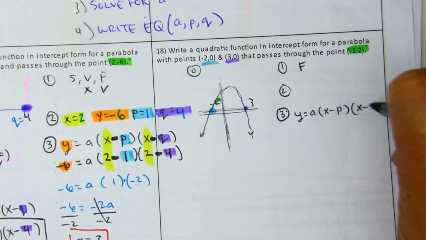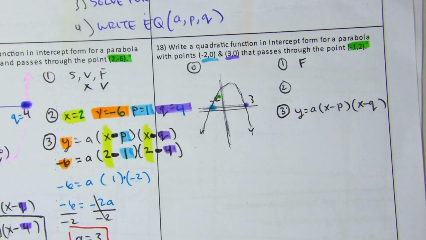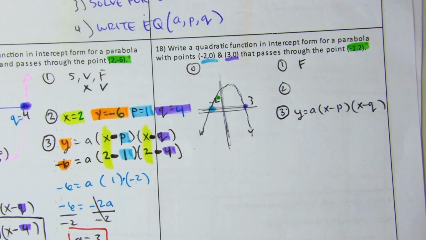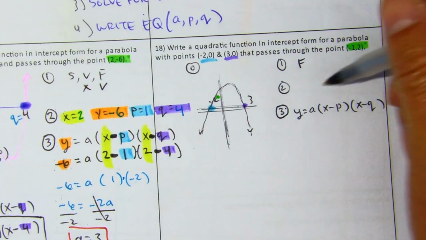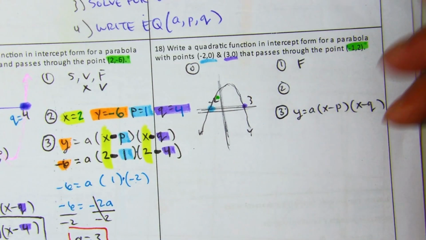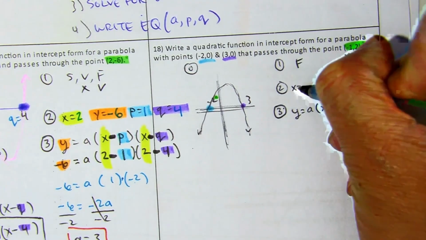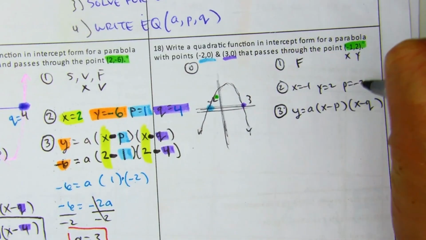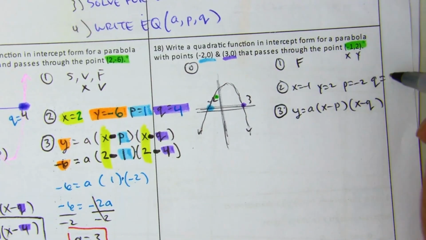Good. Diego B, can you tell me your letters? X equals -1. Good. Y equals 2. P equals -2. Q equals 3. Good job.